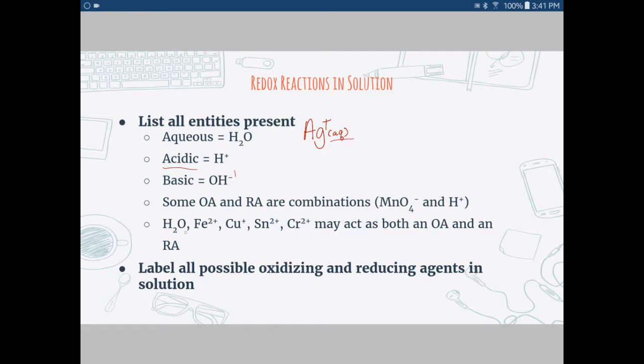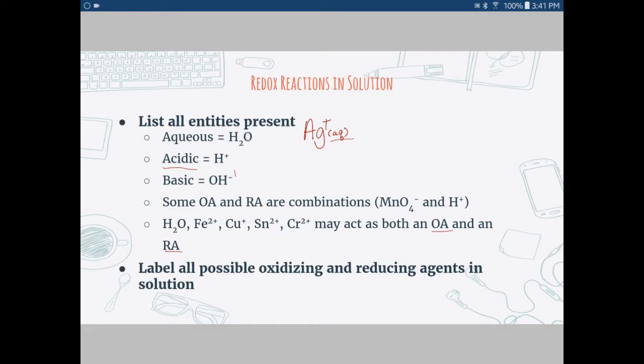There's a certain few entities that can act as both an oxidizing agent and a reducing agent. This is similar to our amphiprotic entities in our last unit, but we have things like water, iron 2, copper 1, tin 2, chromium 2 that can act as both an oxidizing and reducing agent, in which case we have to list them as both, and then we see which it acts as we go through the rest of the steps.